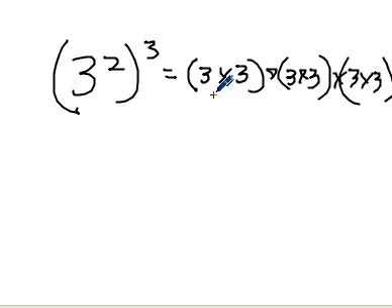If we take a look at this expanded form, we can see we've got 1, 2, 3, 4, 5, 6 factors of 3. So that would be the same as 3 to the 6th, which is like multiplying 2 times 3. So when you've got an exponent raised to an exponent, you just multiply the exponents together.